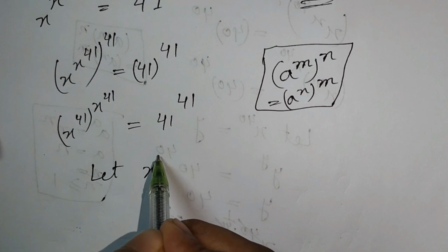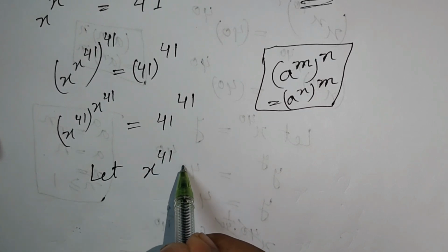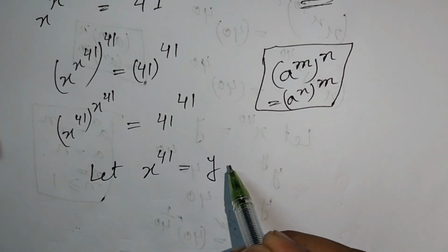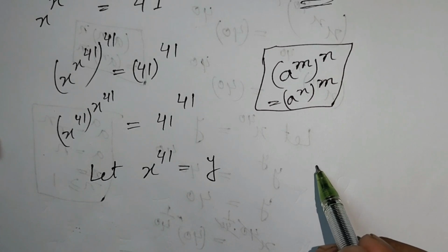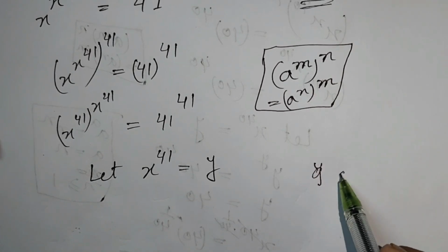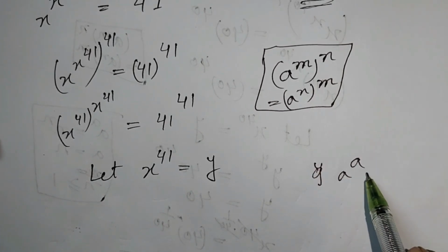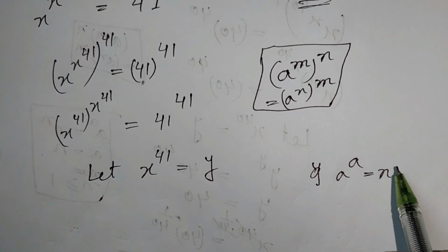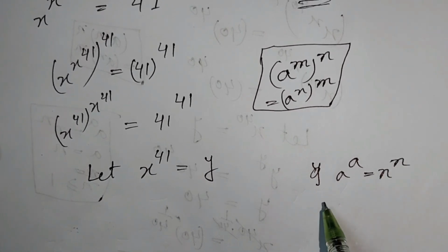Let x to the power 41 be substituted by y, according to this rule that a power a is equal to n power n.